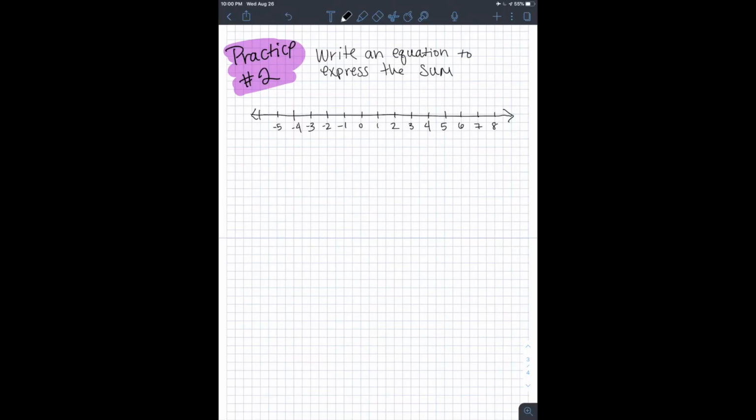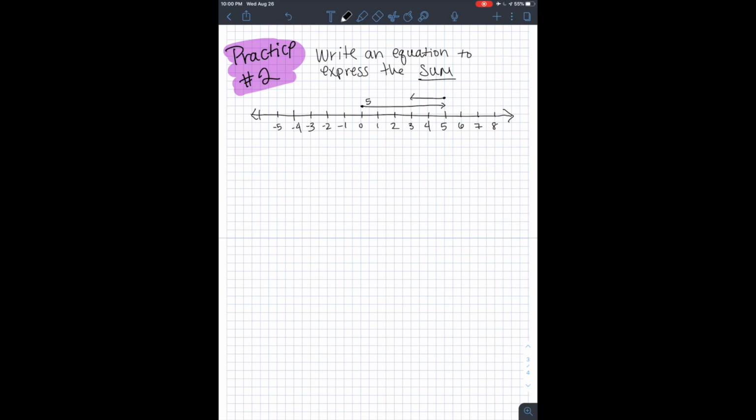Now practice number 2 is to write an equation to express the sum. So the sum is what we get when we add stuff. So I'm just going to finish setting this up for you guys right now. We've got our number line.